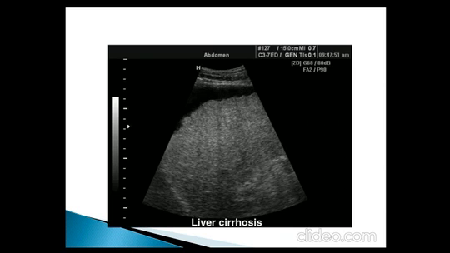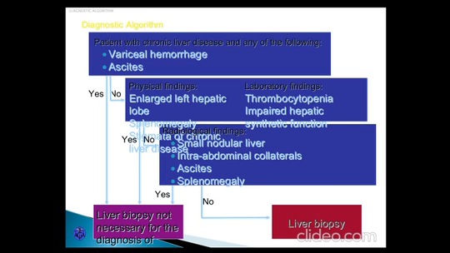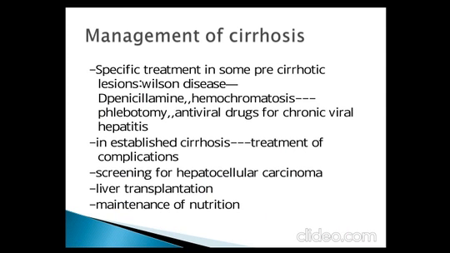CT scan in case of cirrhosis. So finally, liver biopsy is the gold standard, along with the clinical symptoms and examination that can help you in arriving at a final diagnosis, along with biochemical parameters like thrombocytopenias, altered LFTs, raised ones.